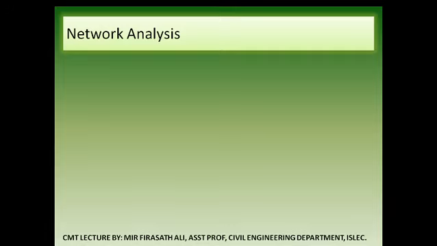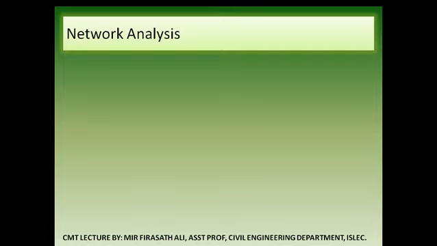So, before going into the numerical examples of network analysis, we have some theory to look into. Those consist of earliest times and latest times. We call it forward pass calculation and backward pass calculation. So, what are all those things? Let us see in today's class.